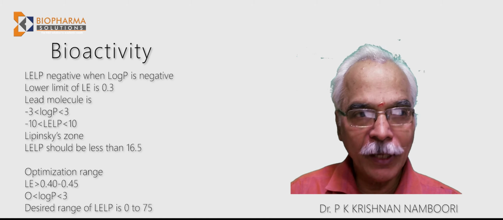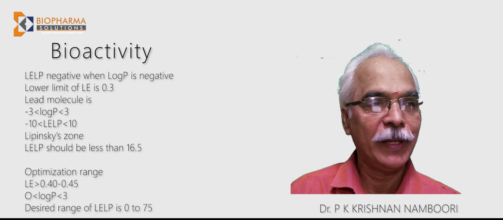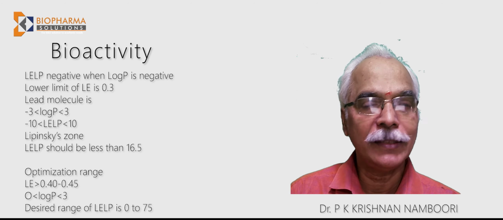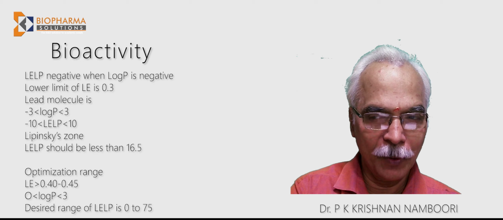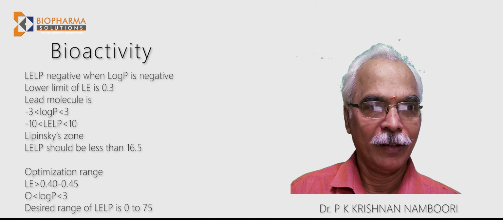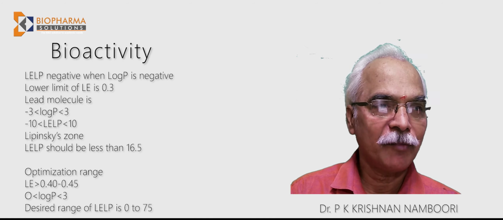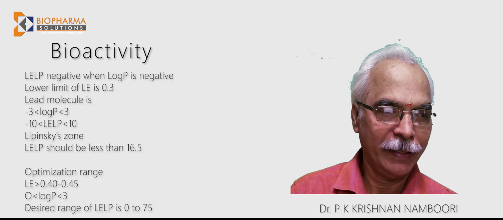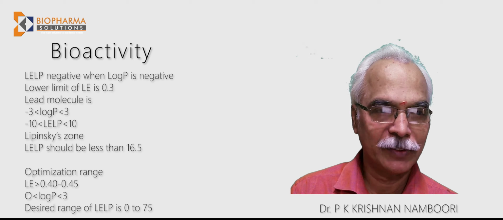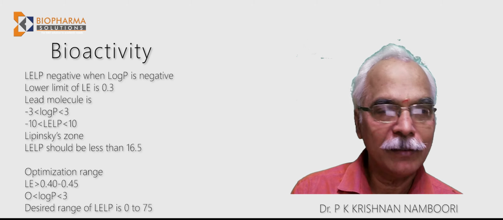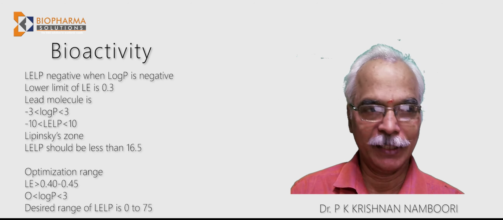So the accepted lower limit of ligand efficiency is 0.3. With that, the condition for lead-like molecules or lead-like compounds is that the log P value should be between -3 and +3.